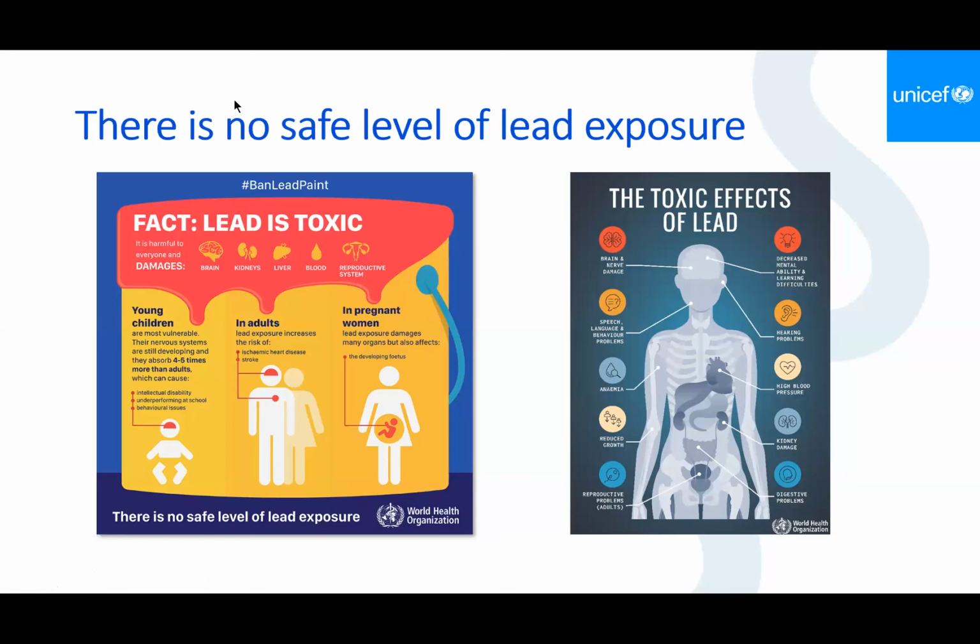It's a chemical that affects nearly every system of the body, including kidneys, reproductive organs, and has particular adverse effects on cardiovascular systems and neurological development. Young children and pregnant women are particularly vulnerable to lead exposure, and lead is stored in the bones and can be released into the blood during pregnancy, for instance, and become a source of exposure to the fetus. There is no safe level of lead exposure.